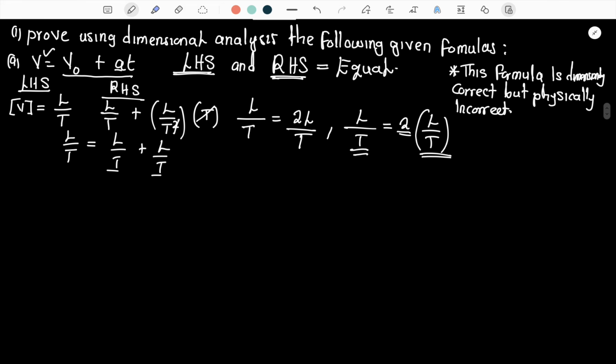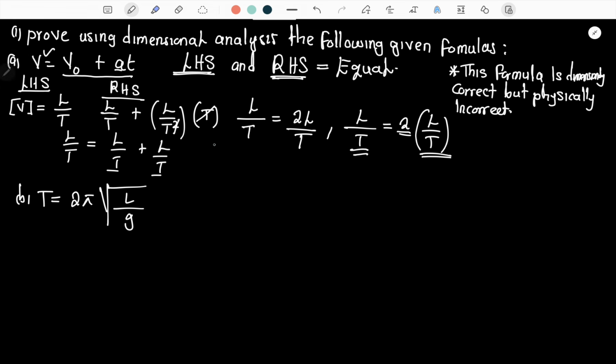The second one, they've given us period is equal to 2 pi, the root of L over G. What are the dimensions of L? What are the dimensions of G? What are the dimensions of T? But before we go any further, let me make mention. Whenever you see a constant, it is not a recognized dimensional factor.